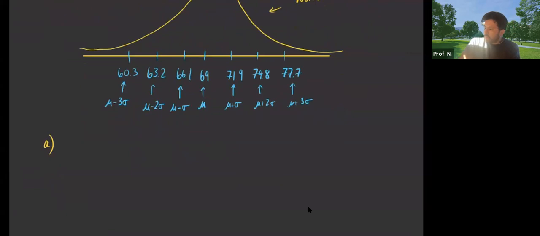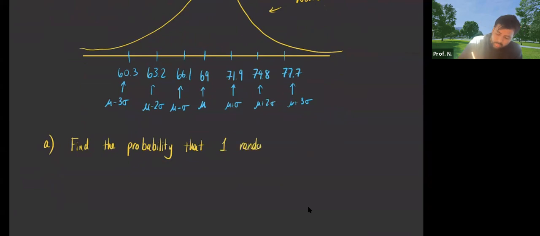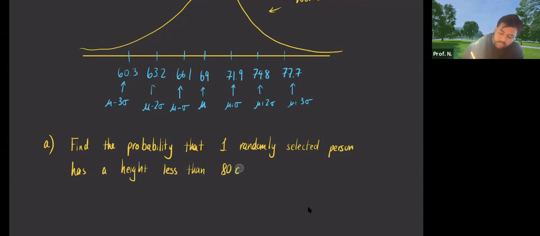So what if I want to find a probability that one randomly selected person has a height less than 80 inches?